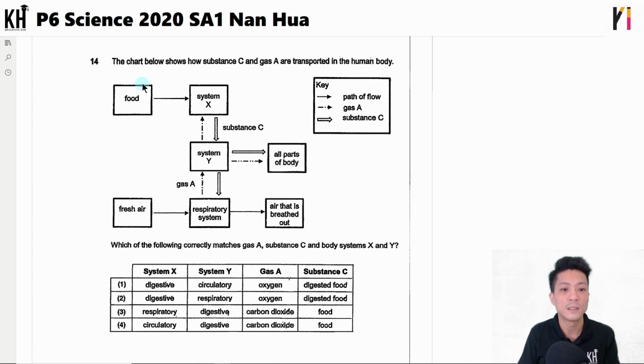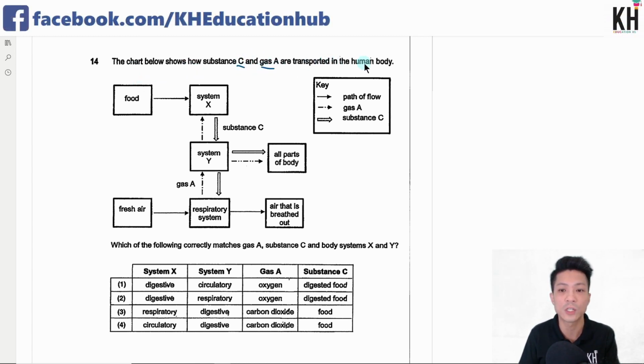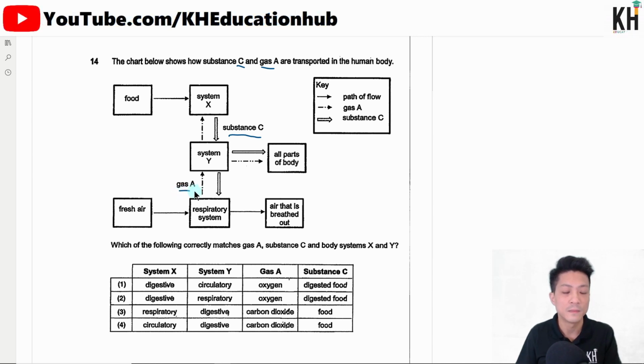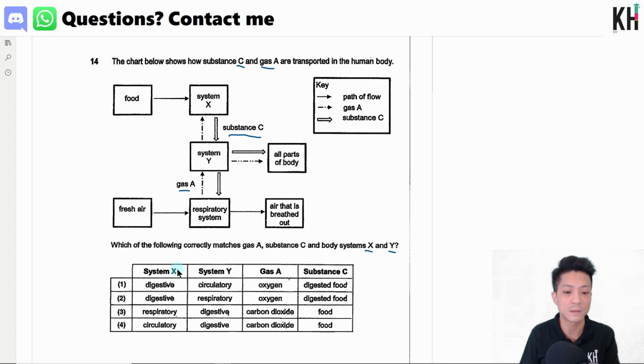Question 14. The chart below shows how substance C and gas A are transported in the human body. Which of the following correctly matches gas A, substance C, and the body system X and Y? Let's go through it one by one.